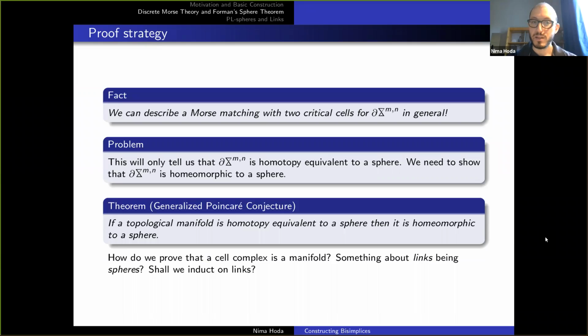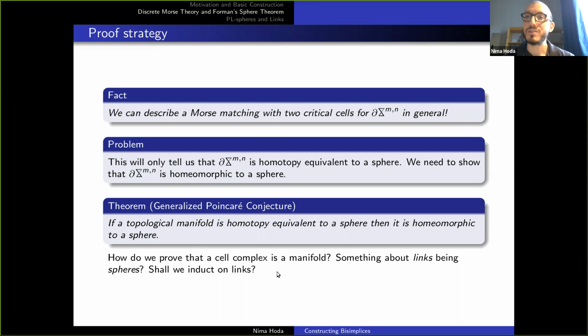Luckily, the generalized Poincare conjecture is a theorem. It says that if a topological manifold is homotopy equivalent to a sphere, then it is homeomorphic to a sphere. So if we can manage to prove that our inductive boundary of a bisimplex is a topological manifold, then we'll be done.